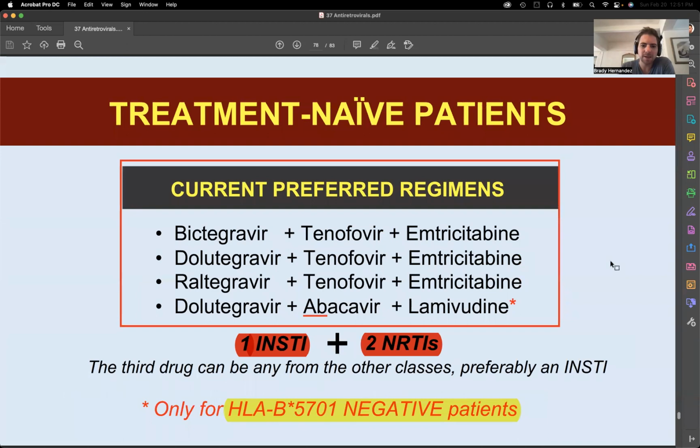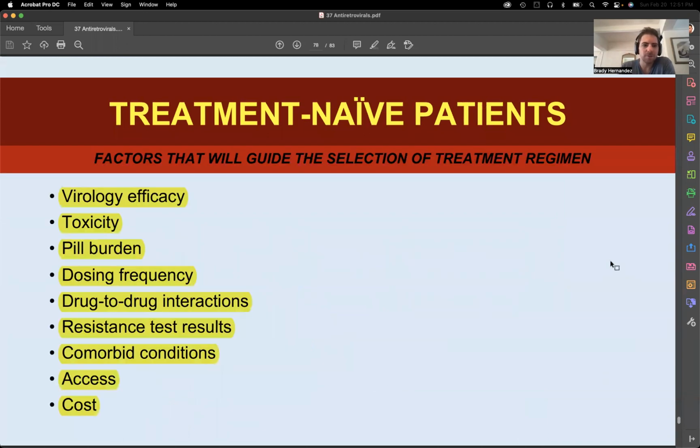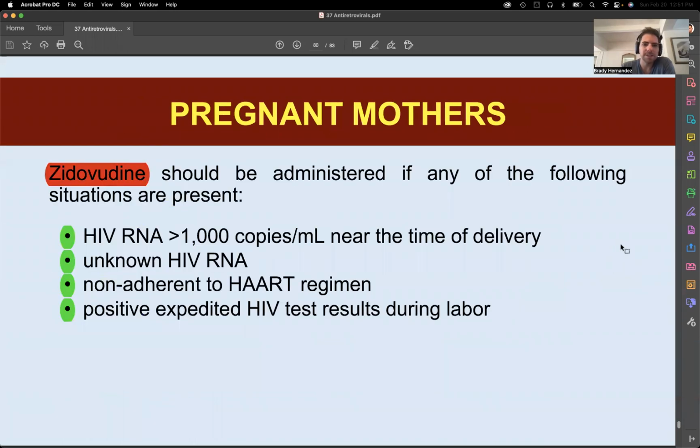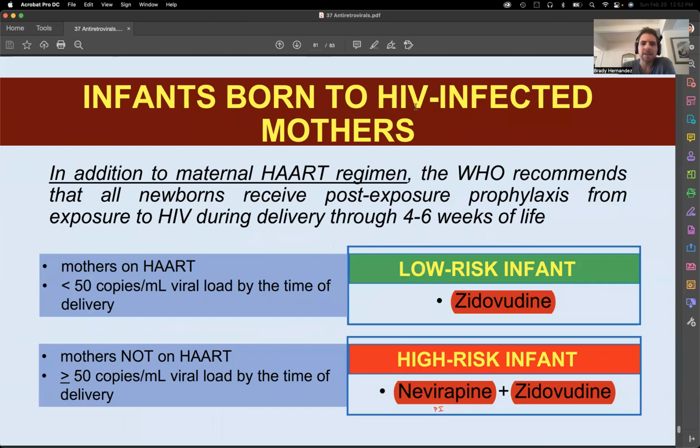So keep those in mind. Very importantly, zidovudine is what you want to give for pregnant mothers. And for infants, make sure you know this, zidovudine, or you can add nevirapine to it.